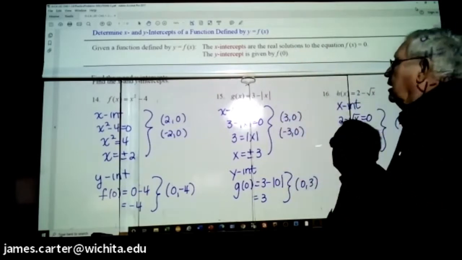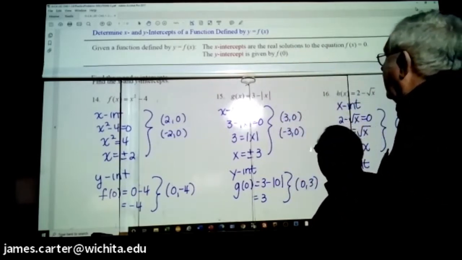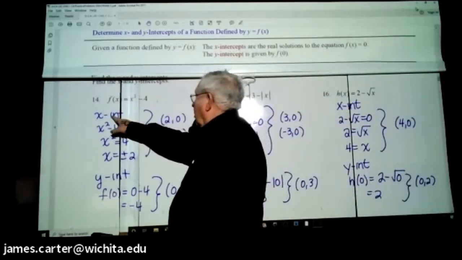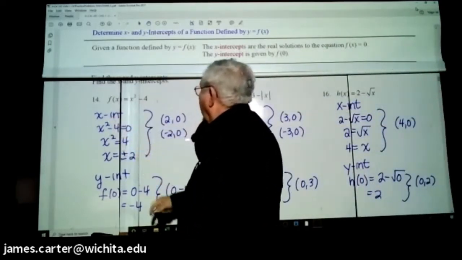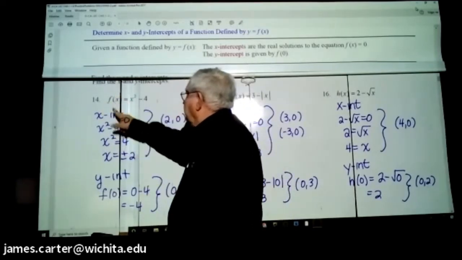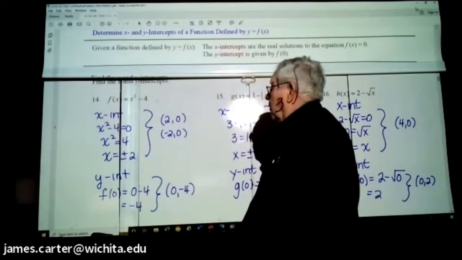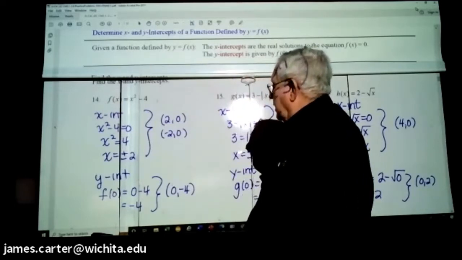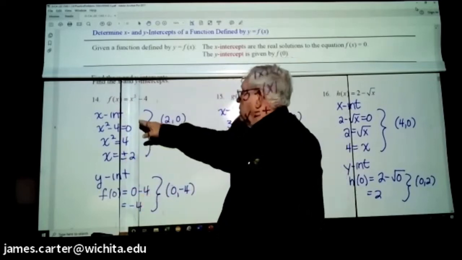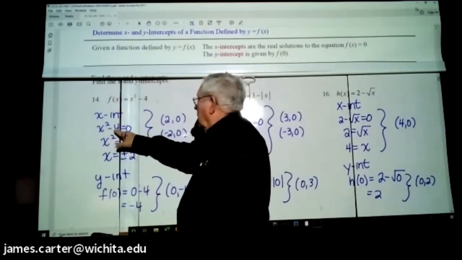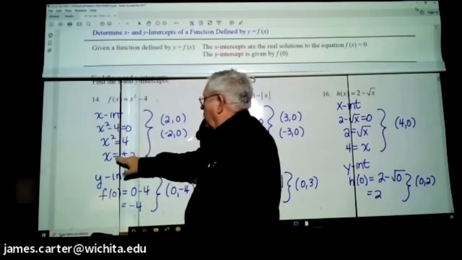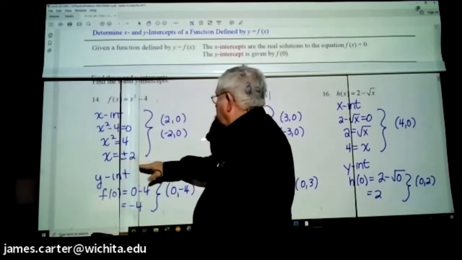Here, we're just finding x and y intercepts again, and basically, on the x-intercept, you replace y with 0. This is y, remember? And then for the y-intercept, you replace x with 0. So here we do that. f of x equals 0. x squared equals 4, plus or minus 2.